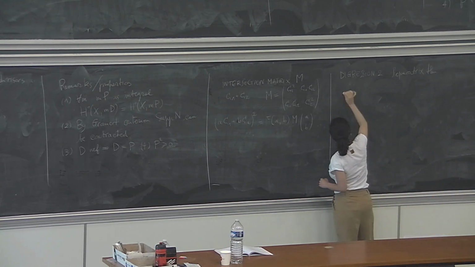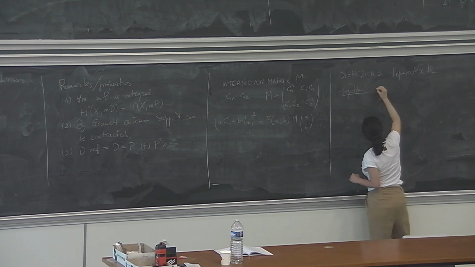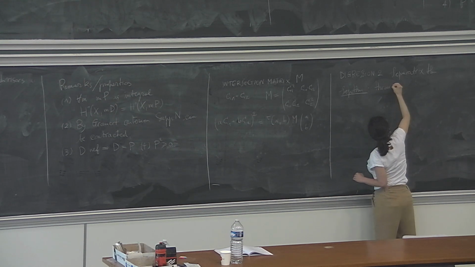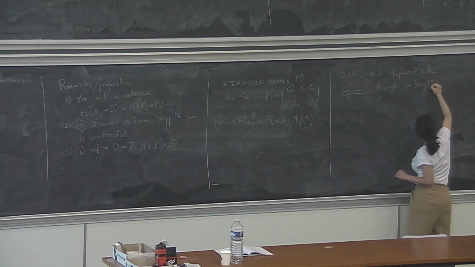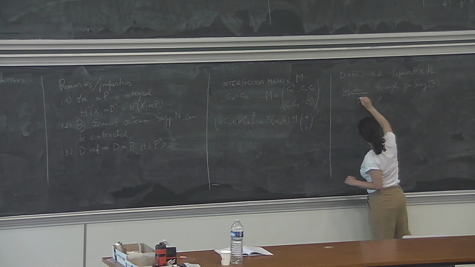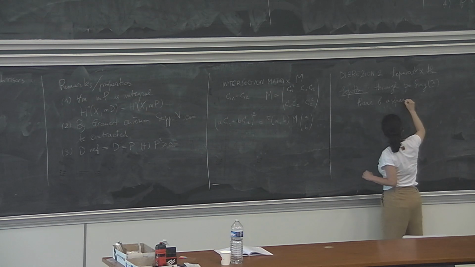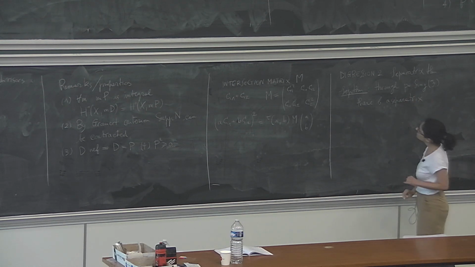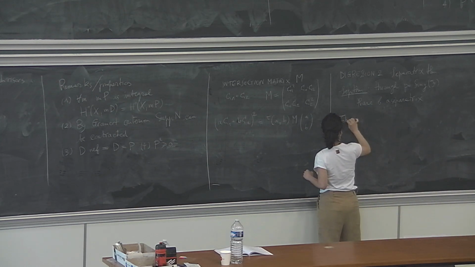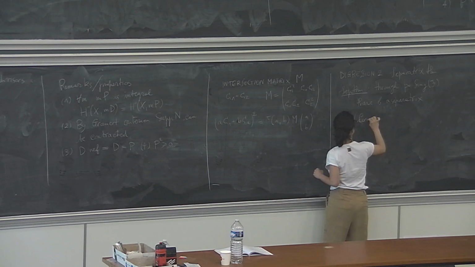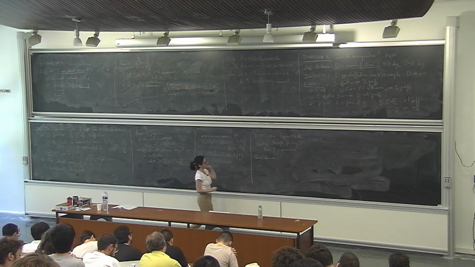So the classical Separatrix theorem states that through every point in the singular locus of a foliation, there is a separatrix. And the version we will need is Camacho's version of the separatrix theorem.